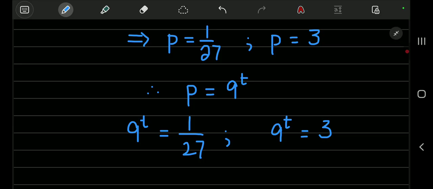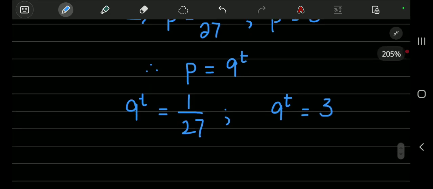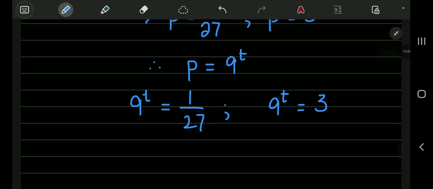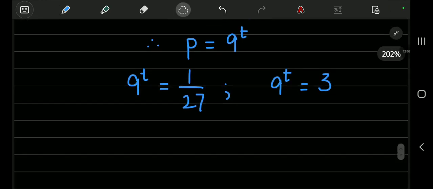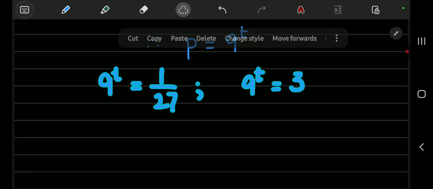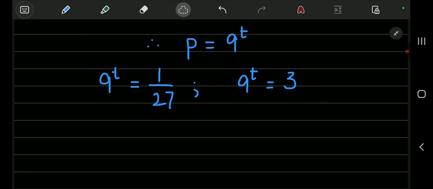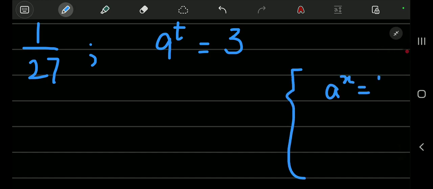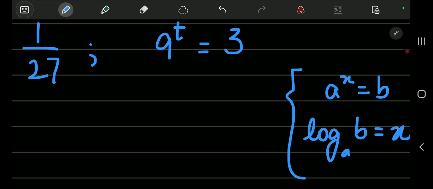So to solve this out, what do we need to do? We can use the logs. Let me just give you the formula that we are going to apply. The formula is a to the power x equals b, means the log with base a of b equals x.